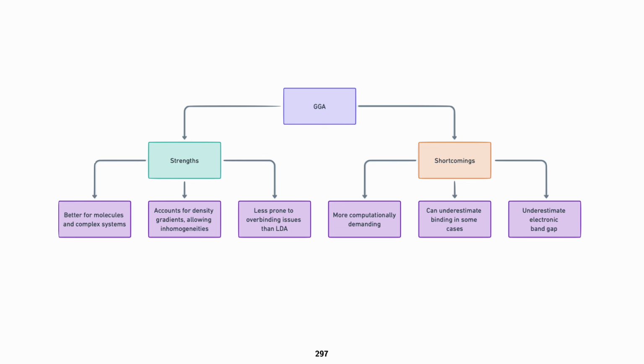Sometimes we have underestimation of the binding, underestimation of the band gap, just like LDA, and no van der Waals. The other box there, about being more computationally demanding, was a more acute problem before computers were capable of handling this. Frankly, now you do not see a significant time difference when you do a calculation in LDA and GGA.